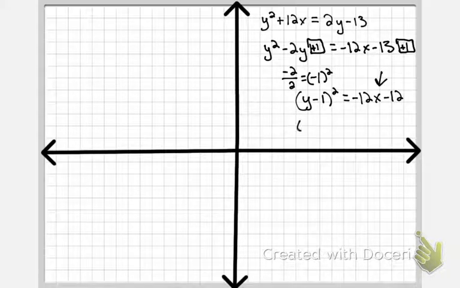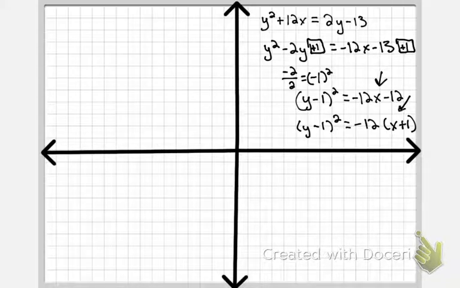So I'll have y minus 1 squared equals -12x plus 1. At this point, I know that my parabola is going to be horizontal because I have x to the first power.